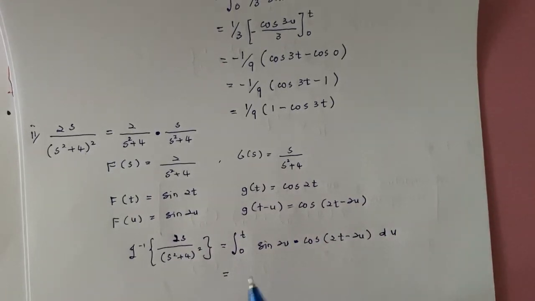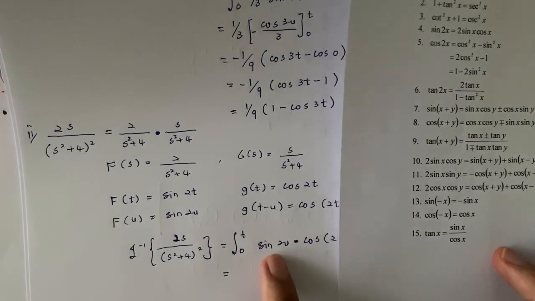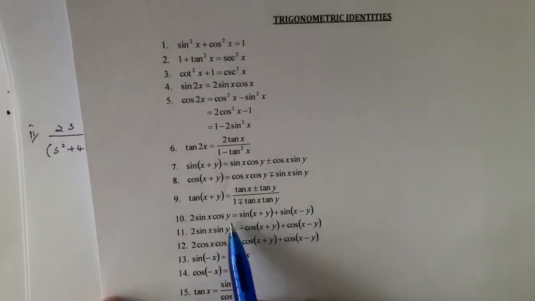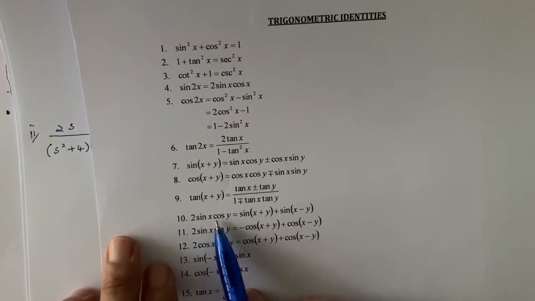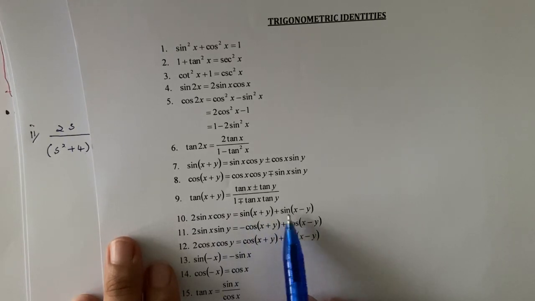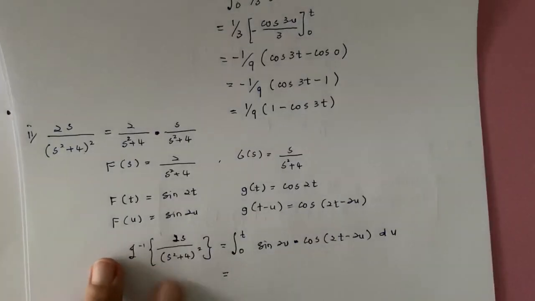Okay, so how to solve for this integration? You need to refer to the trigonometry identity. You have products of sine and cos, so refer to row number 10: 2 sine x cos y equals sine of x plus y plus sine of x minus y. So apply this identity to this one.